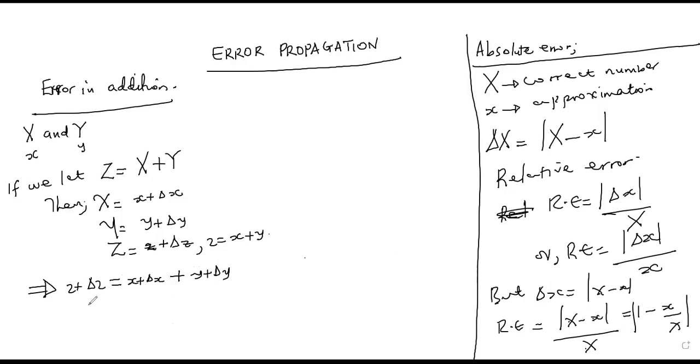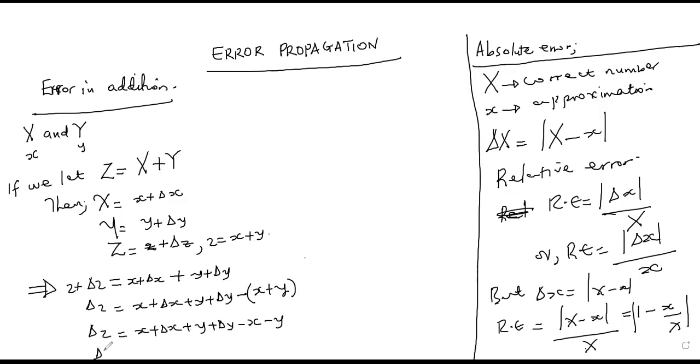So implying that our delta z is going to be equal to x plus delta x plus y plus delta y minus Z. We shall bring Z this side, which Z is X plus Y. Looking at this, our delta z is equal to x plus delta x plus y plus delta y minus X minus Y. After opening the brackets here, x and minus X will go, y minus Y will go.